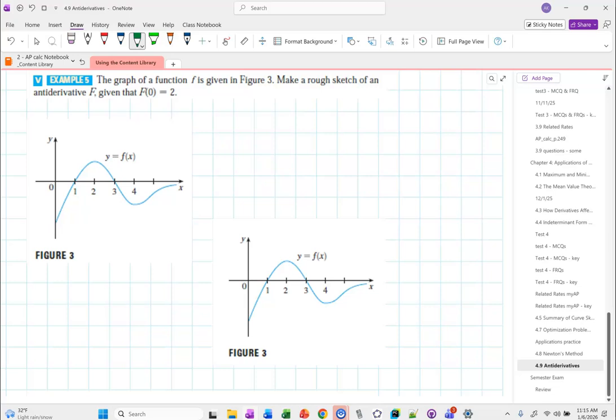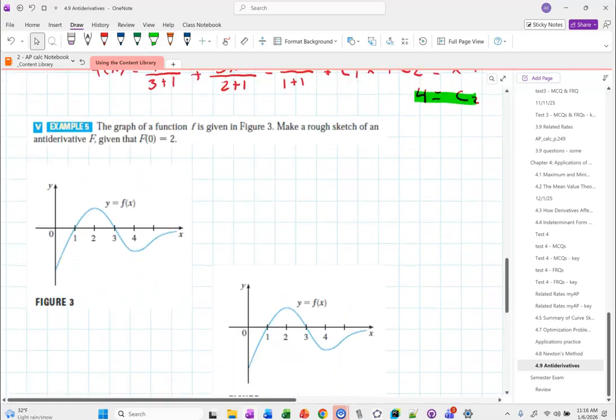This feels really hard, right? You look at this and you're like, I'm not really computing what to do with this. Okay, so we don't give you anything else.